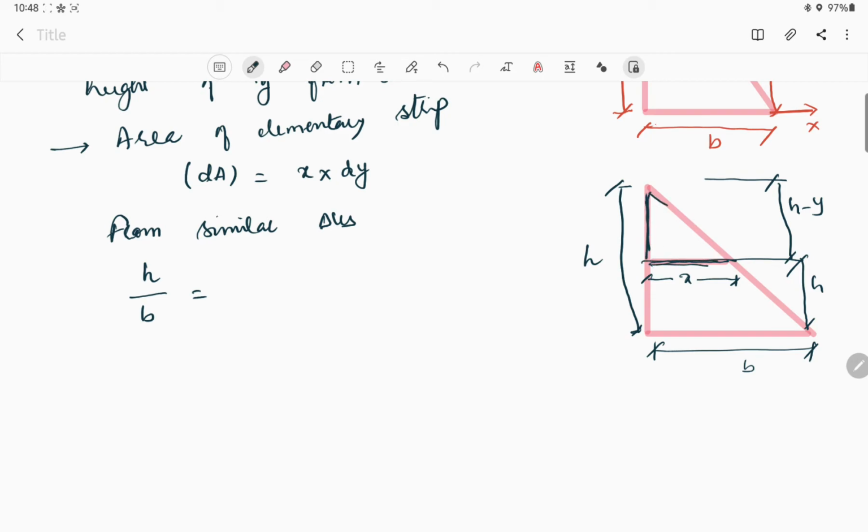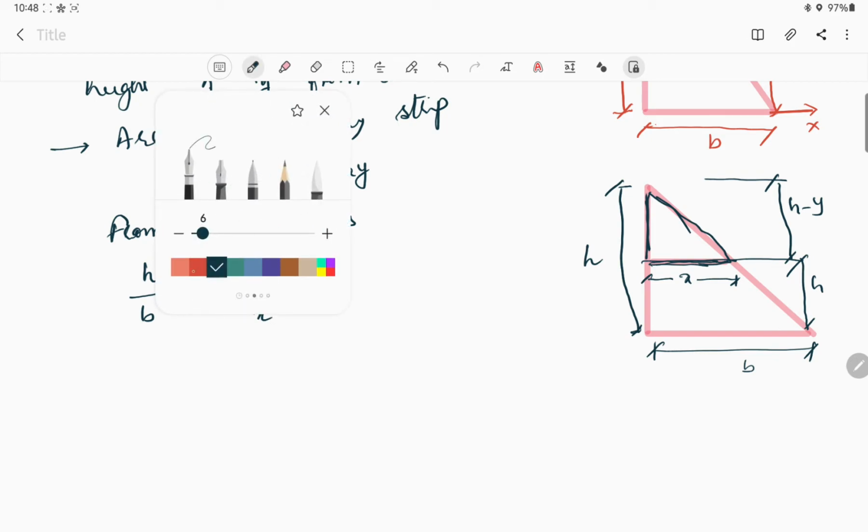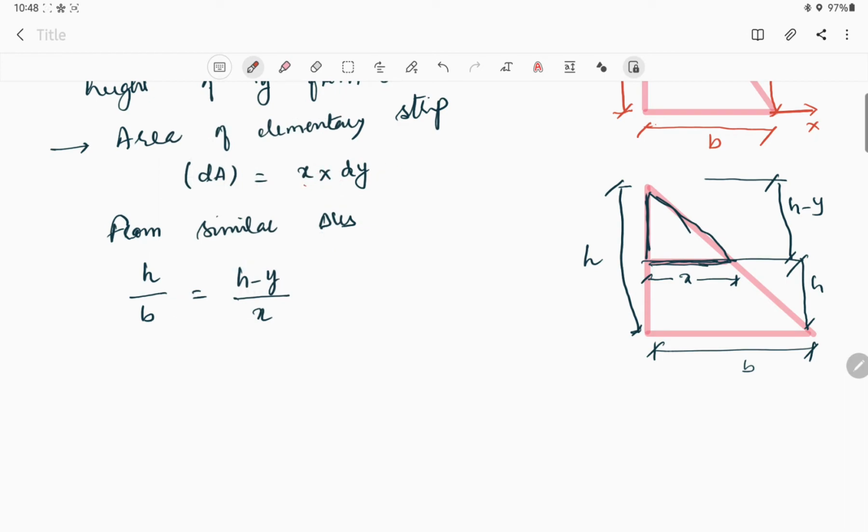This is h minus y by x. Base is x. Height by base is equal to height by base. So with the help of this equation, we can calculate the value of x.